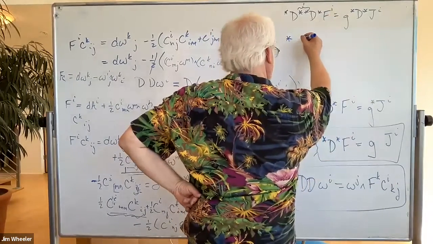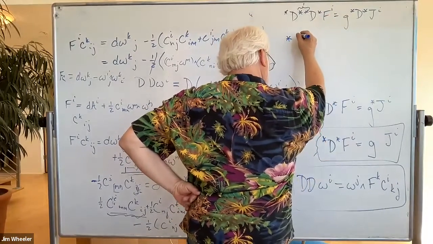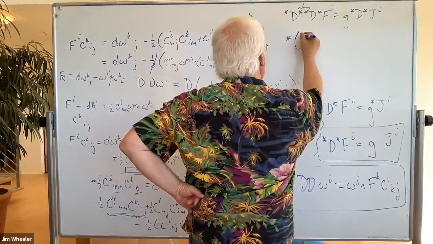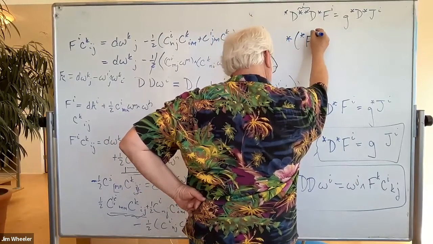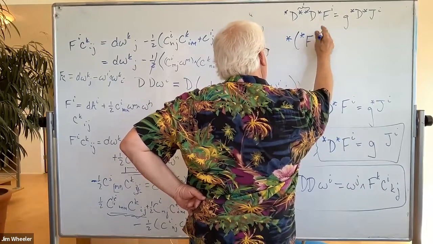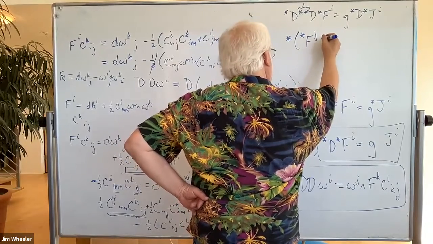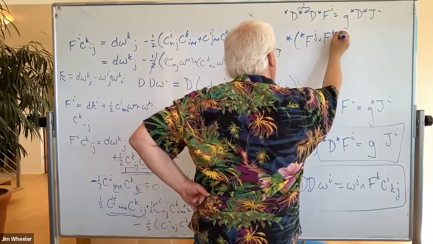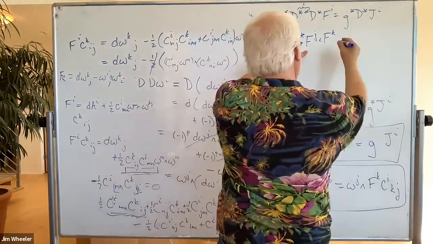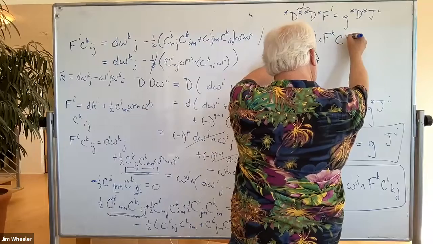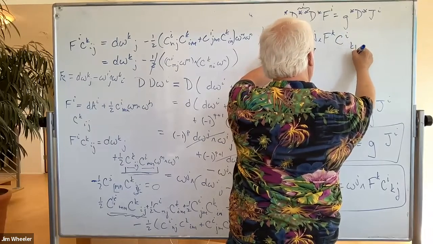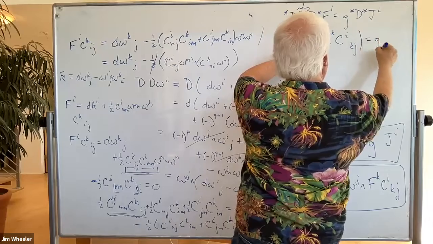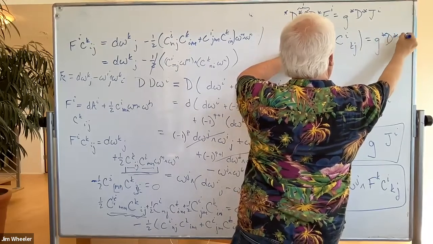So we are going to get, in place of omega J, we have star F and J on it. And then that's wedged with FK and contracted on a C IKJ. And that's the divergence of our current.